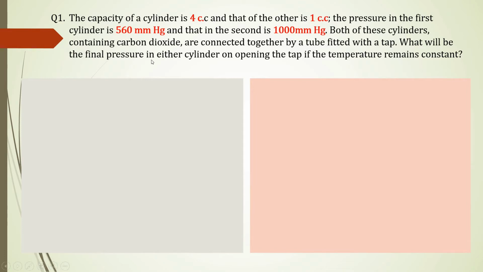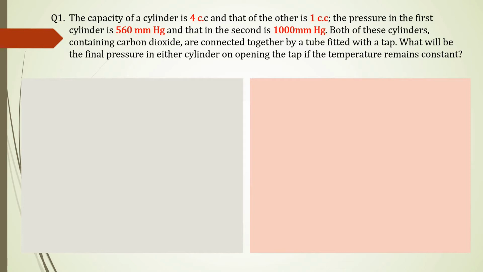What will be the final pressure in either cylinder on opening the tap if the temperature remains constant? Whenever temperature remains constant, we have to apply Boyle's law. So the question is asking us to find the final pressure in cylinder 1 and in cylinder 2.